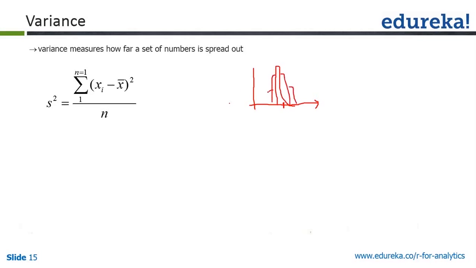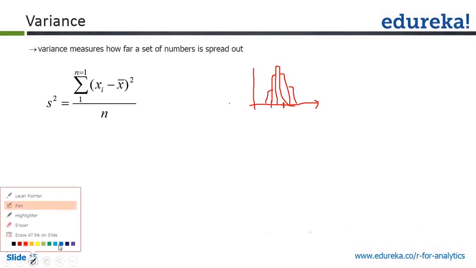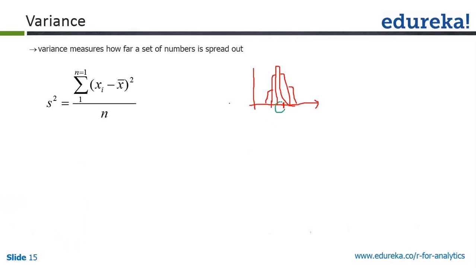Now what you have done is try to find the so-called mean. Let us assume this is the place for the mean. Now you are interested in finding out how far these points are from this mean, right? Is this point far from here, far from here, and so on.